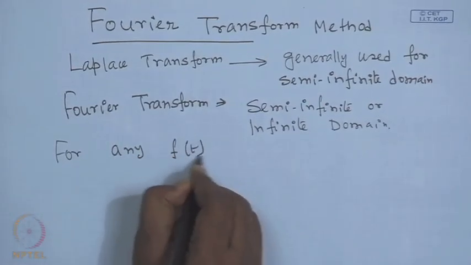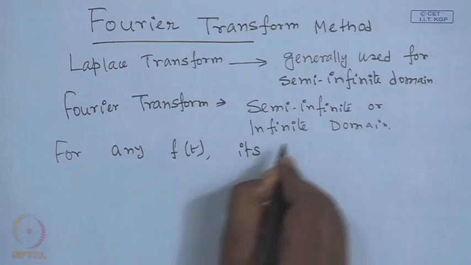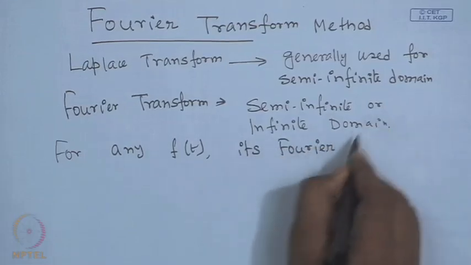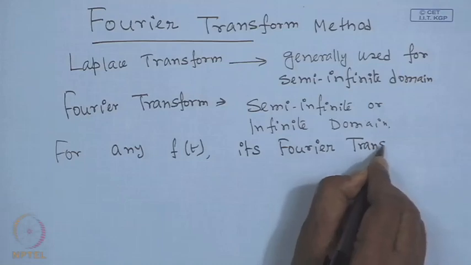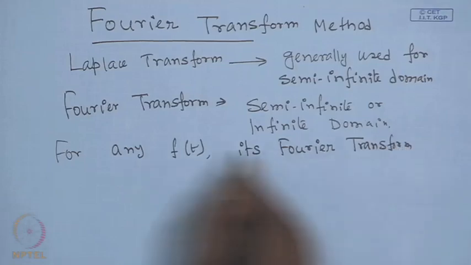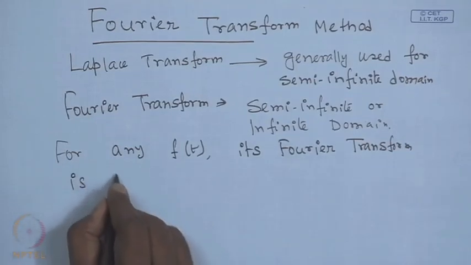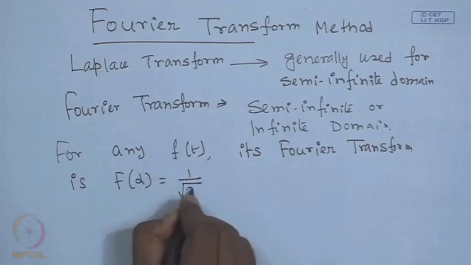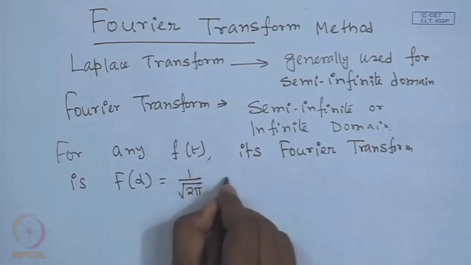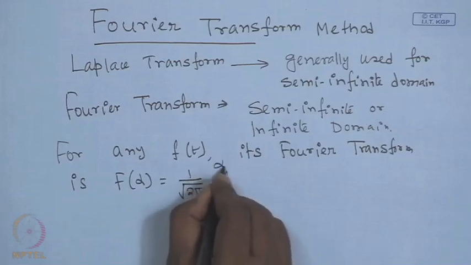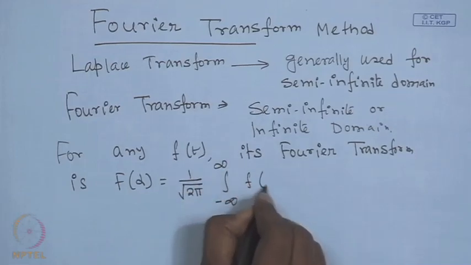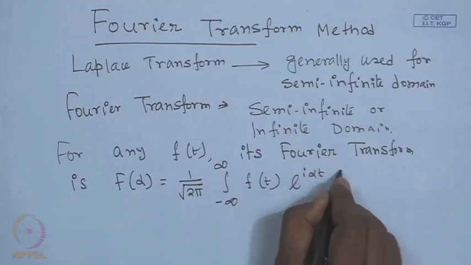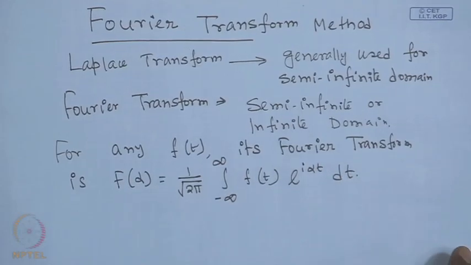So, for any function f of t, its Fourier transform is defined as f of alpha equal to 1 over root 2 pi, integral from minus infinity to plus infinity of f of t e to the power I alpha t dt.